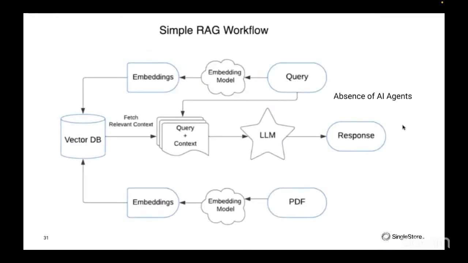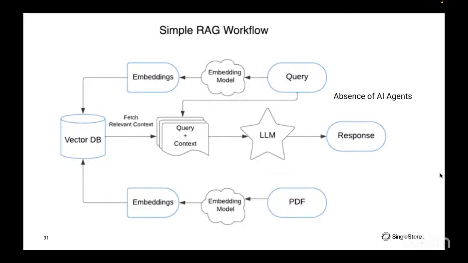So you can also see, before we used to just say RAG workflow. Now we see agentic RAG workflow, right? So this is a simple RAG workflow where the user query comes in over your own PDF.